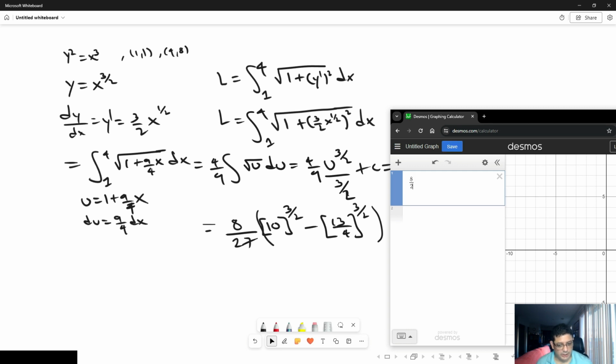So we calculate 8 over 27 times 10 to the power of 3 over 2, and then minus 13 over 4 to the power of 3 over 2.